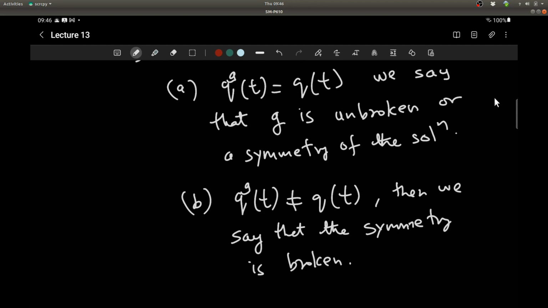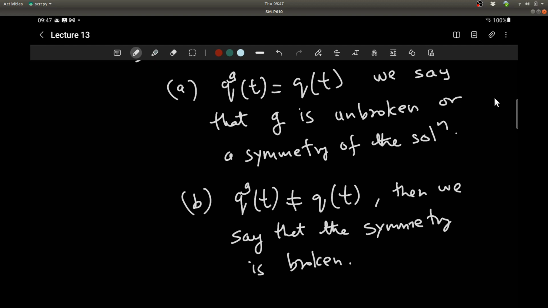So let me give you an example of a broken symmetry. Let's say that there's a free particle, and let's say Q of t is just the particle being stationary, it's not moving. But let's think of G as some boost by some velocity. Is the boosted solution the same as the original one? No, it's not, right?